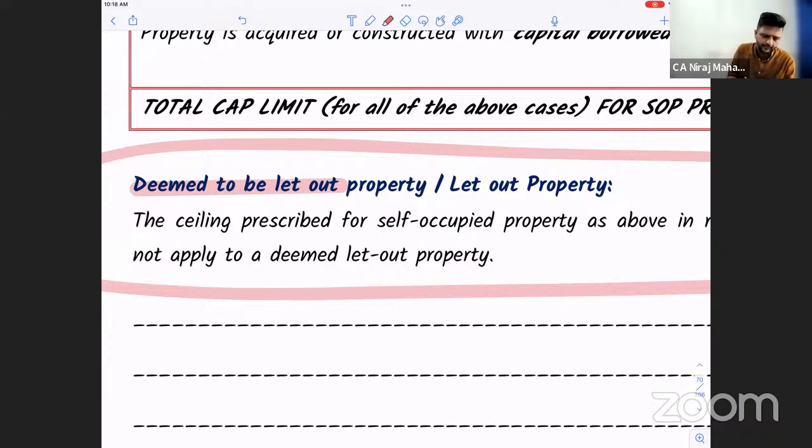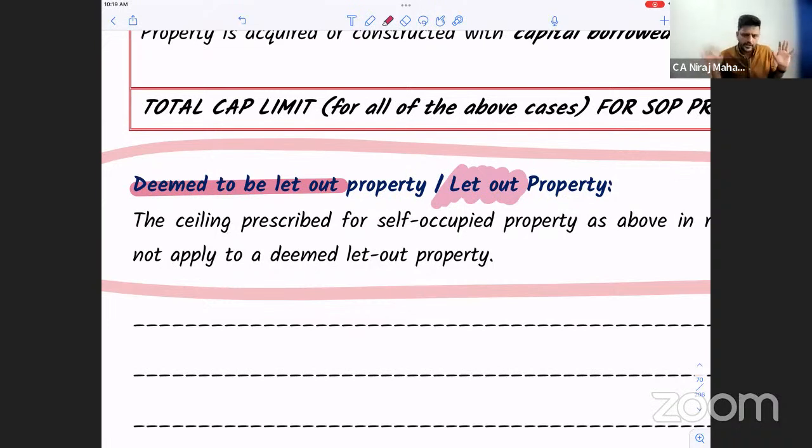Are you getting my point? From the income tax department's point of view, even if it is deemed to be let out, the expected rent is getting added in your income. Or if it is actually let out, it is getting added in your income. Basically, these properties are making income for the income tax department.